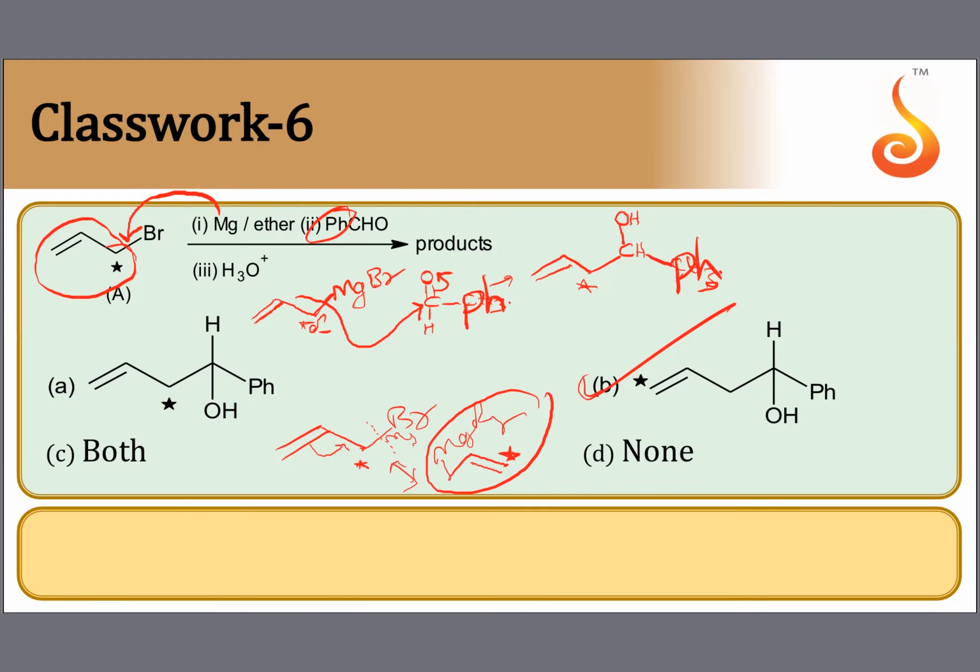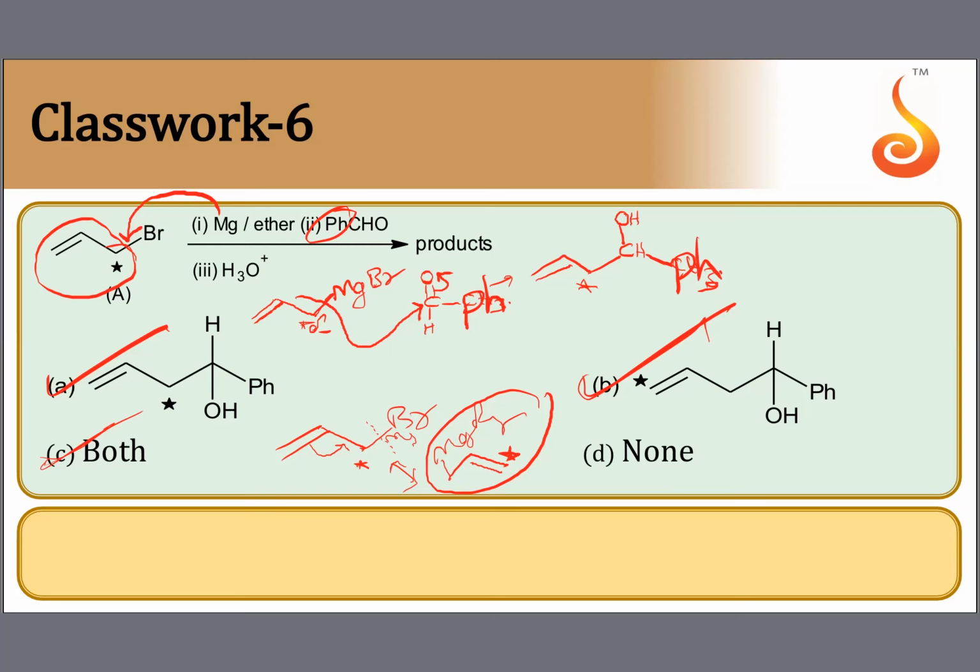Since allyl bromide has two resonance structures, two types of products are obtained. So A and B both are correct. That's why C is the correct answer. I already told you, whenever an 'all of the above' or 'both' option is there, you have to take care; most chances are there for those options to become the correct answer.